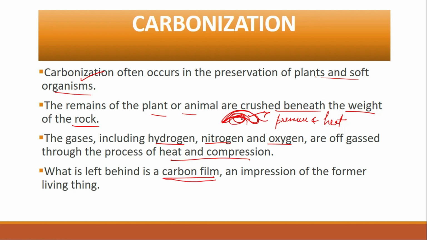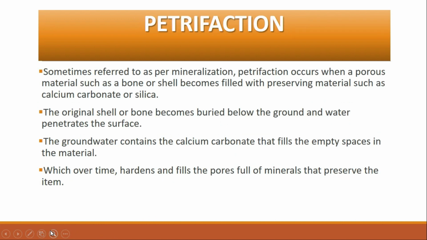So this organism left behind a carbon film, and this was the impression of the organism. Fine, and this impression got preserved in the rock. So this is what carbonization is. Getting it?